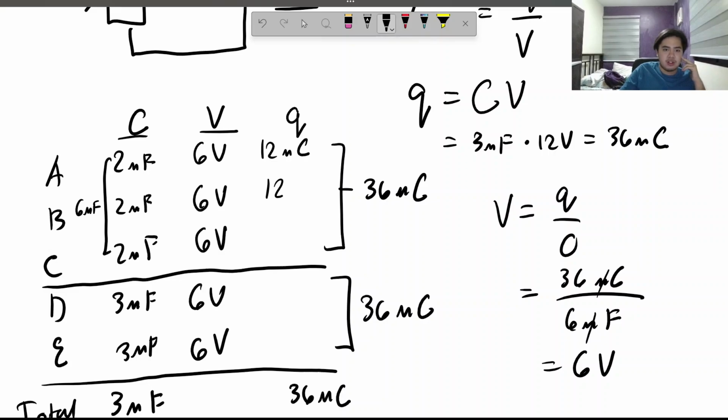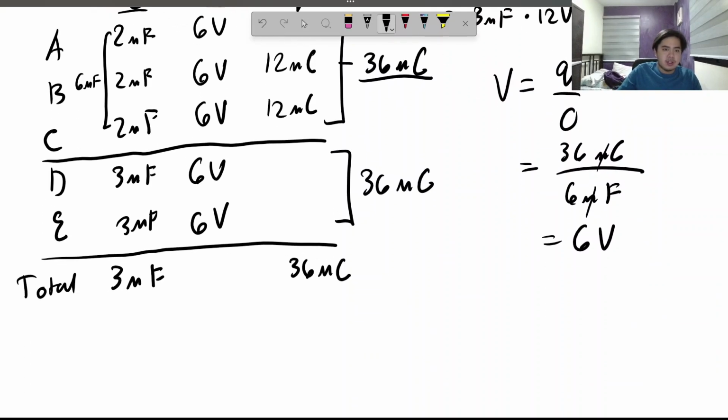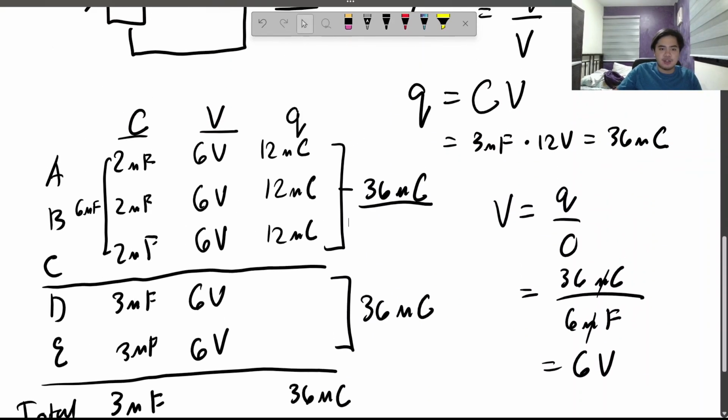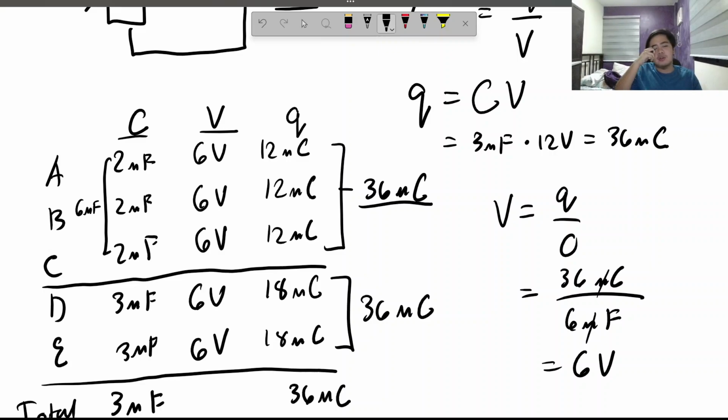And it's the same for all of these three. If you add them together, 12 plus 12 plus 12 is 36 microcoulombs, which is exactly the total. So that's good. 3 microfarads times 6 volts is 18 microcoulombs. And this is also 18 microcoulombs. If you add them together, you get 36 microcoulombs. And that is the answer.